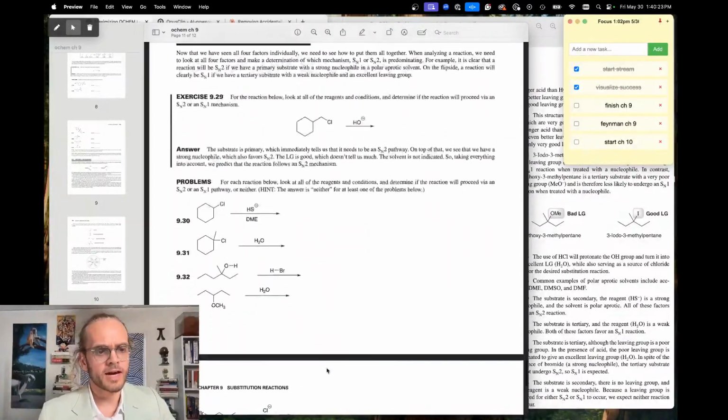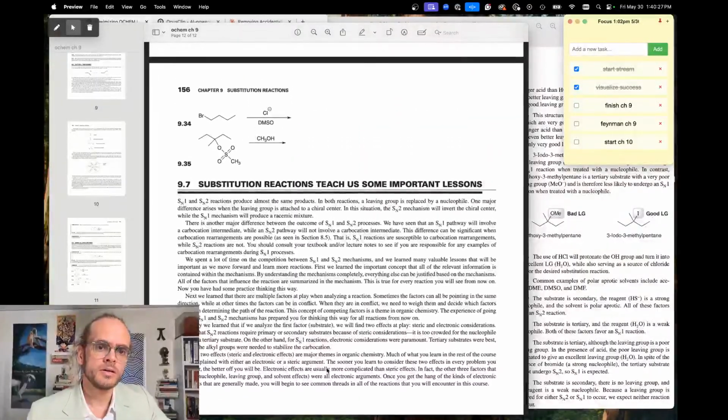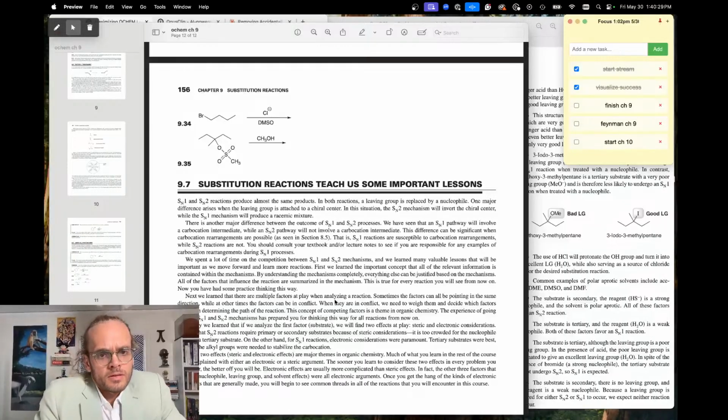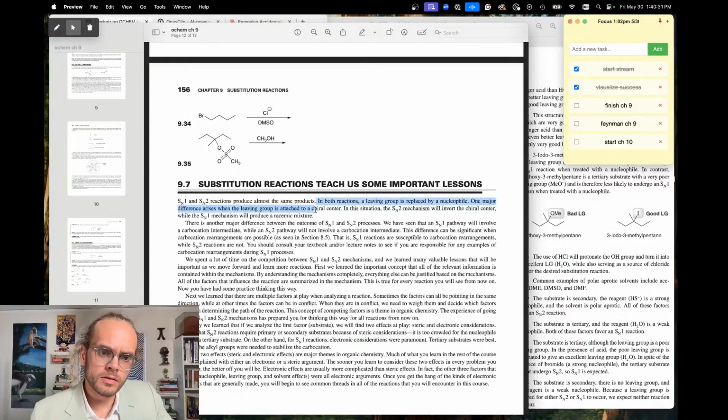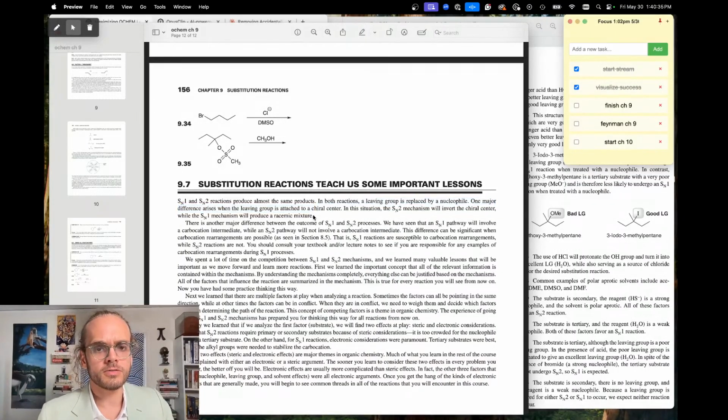Using all four factors, this is where it gets crazy here. SN2 inverts the chiral center. SN1 will make a racemic mixture. Another major difference, carbocation intermediate, okay.